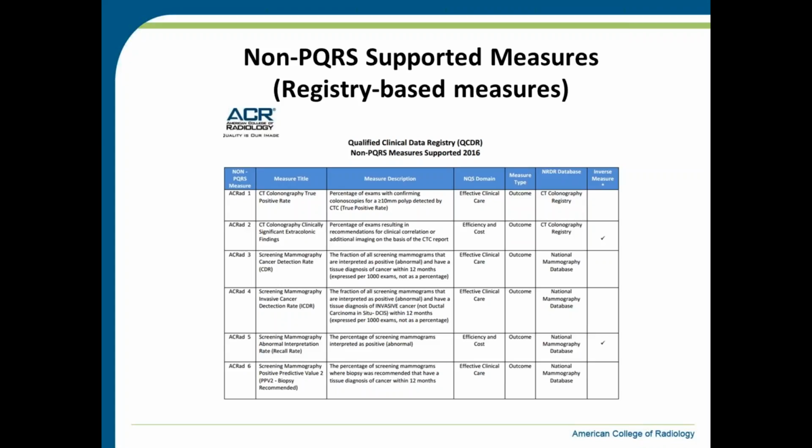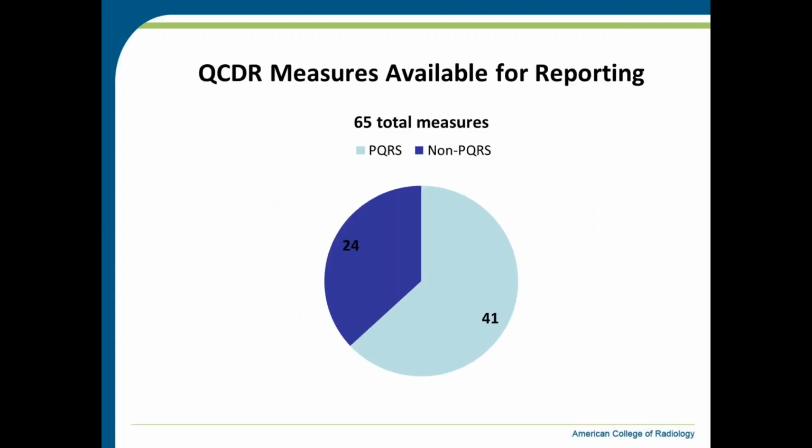We tell you how they've been categorized by CMS, so the domain area, which category they fall under. And most importantly, we give you the registry. If you're interested in a particular measure, we tell you what registry or database you need to sign up for. So essentially, it's a 2-part process. You look at the available measures, and that helps you determine which registry you want to participate in.